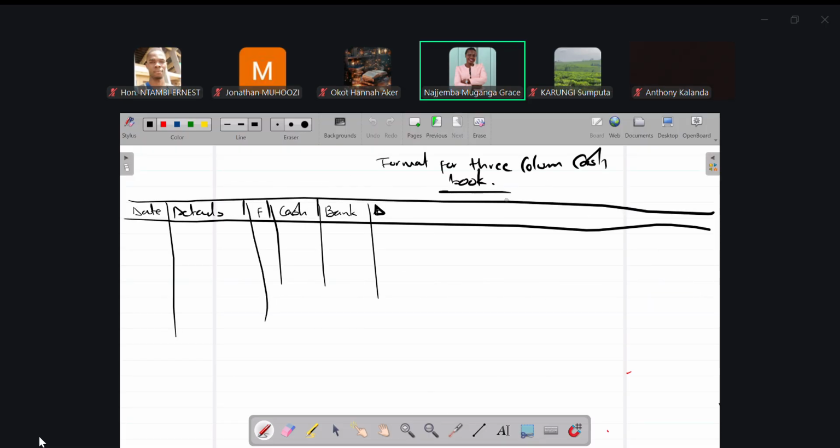Okay, so for the 3 column, we have date, details, folio, cash column, bank column. Which discount did we say we post here? Discount allowed.